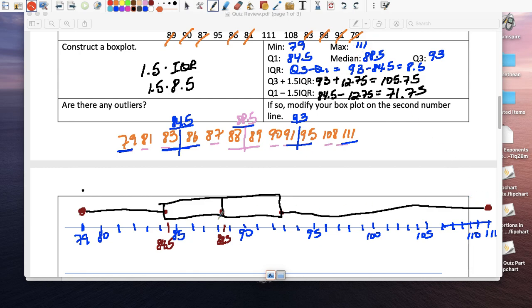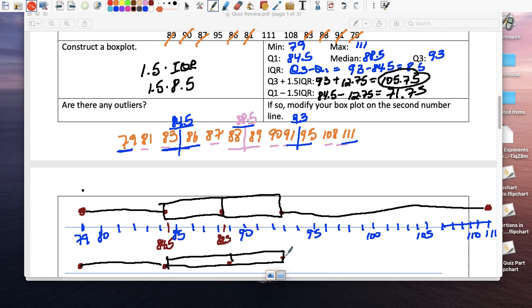So we do have to make a little change. So again, here would be my box plot. This wouldn't change. This wouldn't change. This wouldn't change, and this wouldn't change. So let me take care of that. The whiskers don't change. The box doesn't change because none of those numbers are over 105.75.